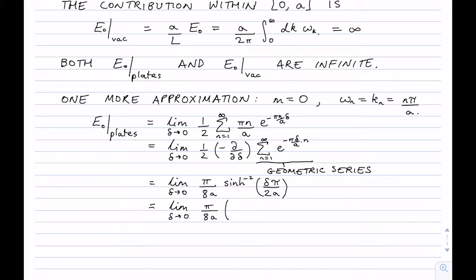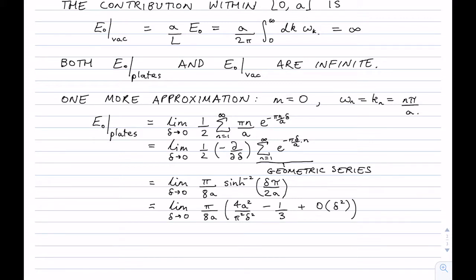The answer is, sinh to the minus 2 of x is 1 over x squared. So that's going to be 4a squared over pi squared delta squared. Then you get minus a third, which does not depend on x, plus something of order x squared, so delta squared. So that's plus delta to the 4, and so on. But the point is that those are the leading terms as delta tends towards 0.